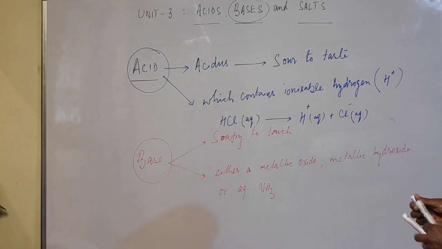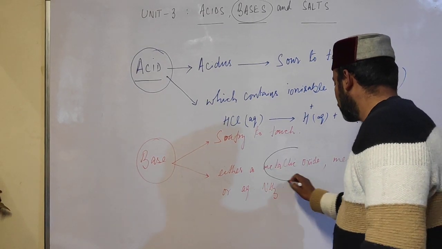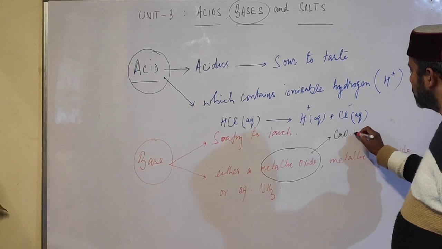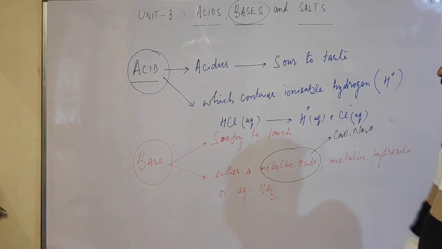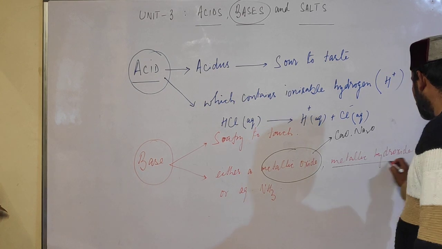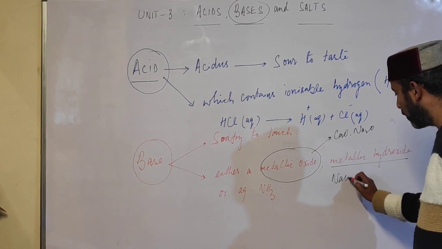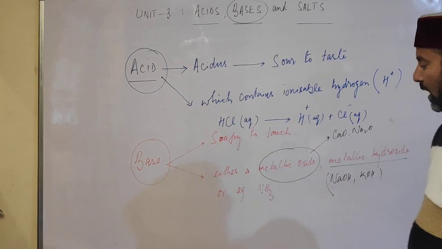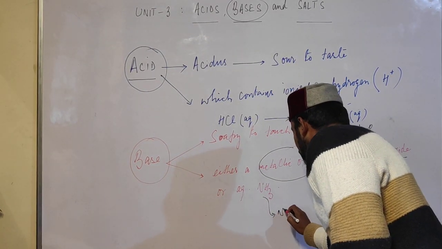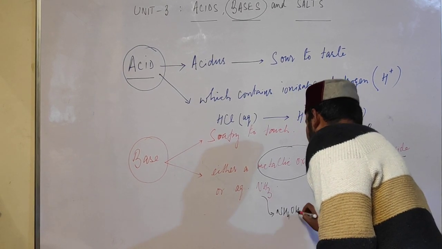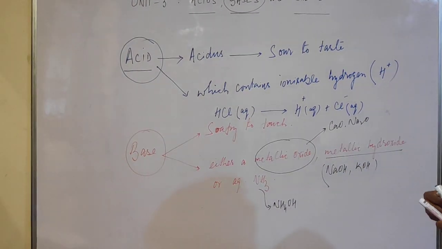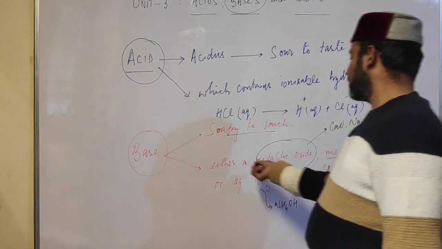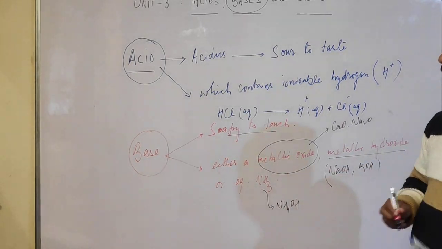So when I say metallic oxide, it means oxides of metals like calcium oxide, sodium oxide, etc. These are all bases. Now metallic hydroxides such as sodium hydroxide, potassium hydroxide, these are also bases. And aqueous ammonia means ammonium hydroxide. So ammonium hydroxide solution is also a base. So bases are substances which are soapy to touch, or which are either metallic oxides, metallic hydroxides, or an aqueous ammonia solution.